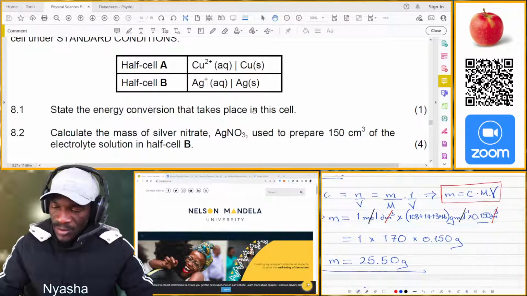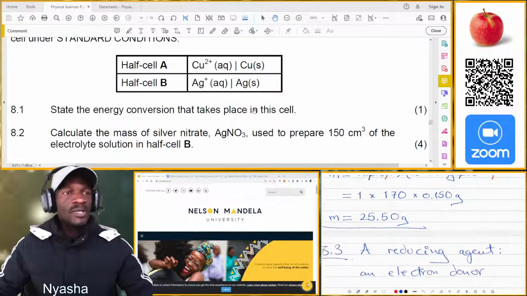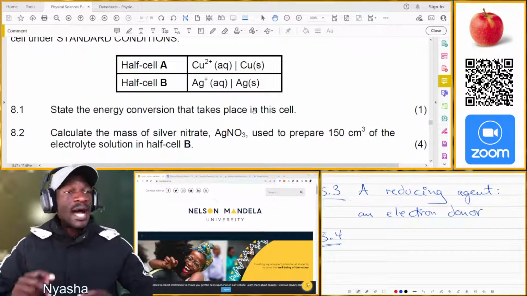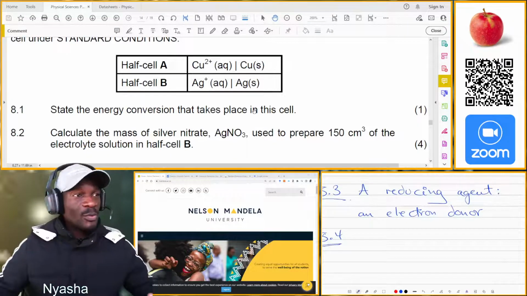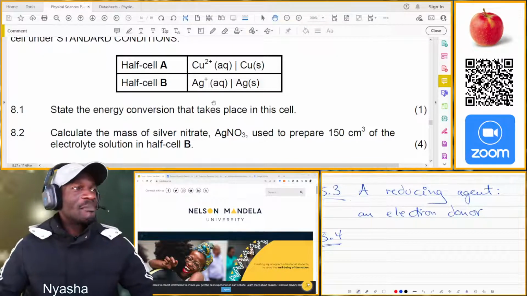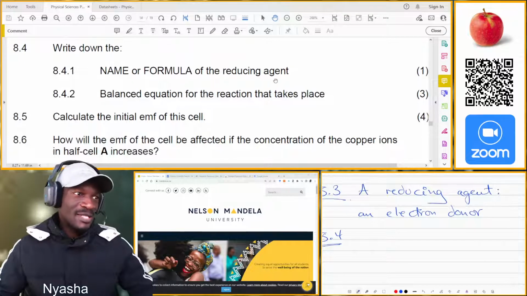Then we also had the volume, which we already found earlier, and then we came up with the mass. Now that you have the mass, the next thing would be to identify the reducing agent. We did that last week. I hope you still remember how we did that, because the next question actually needs you to use that concept.